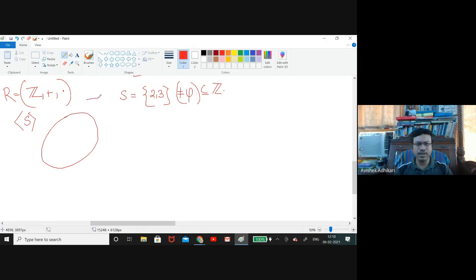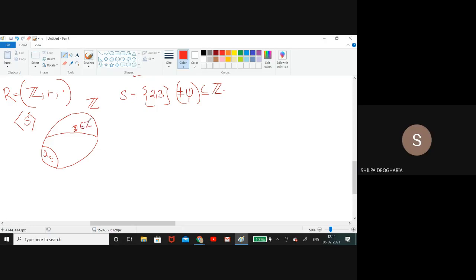First of all, there are plenty of ideals which contain S. Can you give some examples of ideals which contain 2 and 3? So 2Z will contain 2, but not 3. Again, 3Z will contain only 3 but not 2. Can you tell me some of the ideals which contain both 2 and 3? Anybody? So suddenly you can say NZ, where N is a multiple of 6.